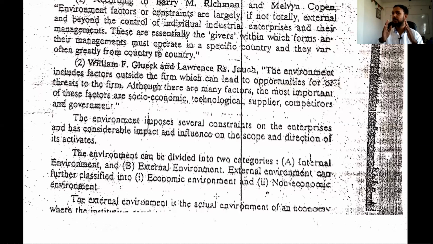The internal environment consists of factors under the control of the company. Whatever the firm is running in its business, it can control those factors. But there are some factors which cannot be controlled by the company and it needs to adjust to them. Those factors are considered under the external environment.